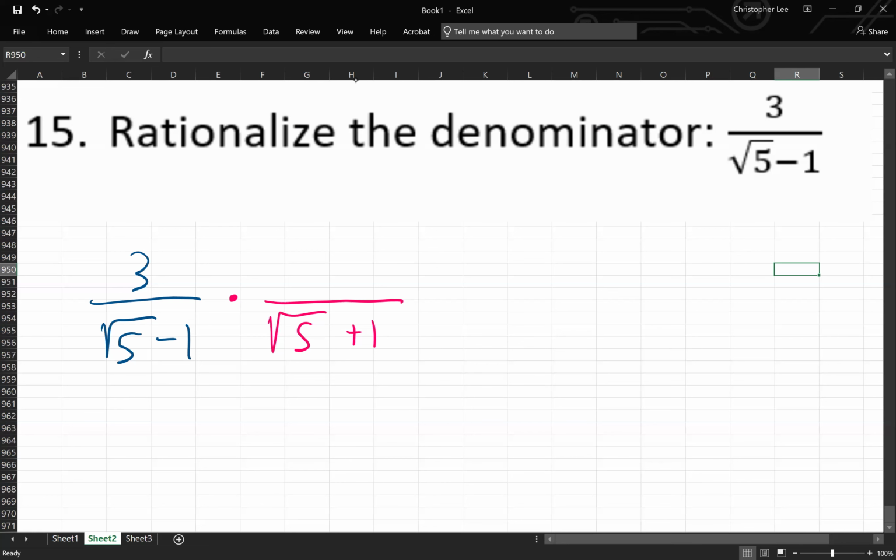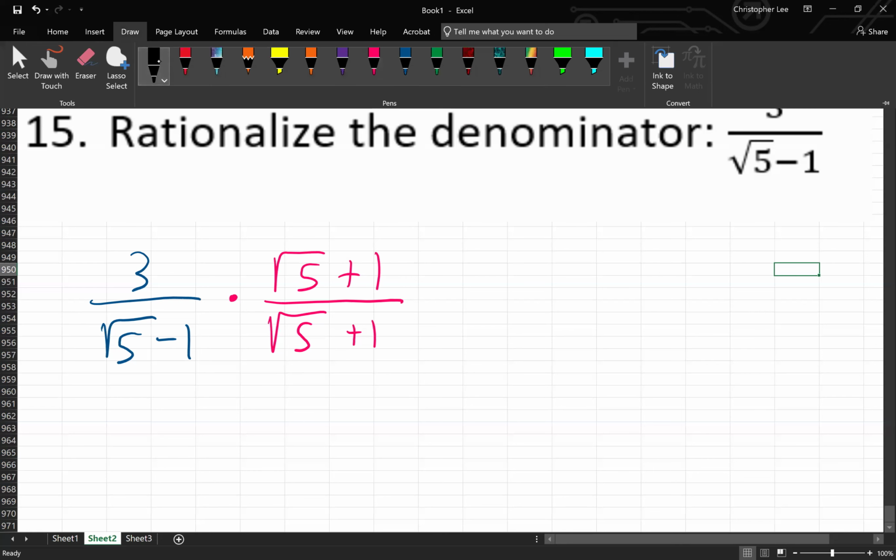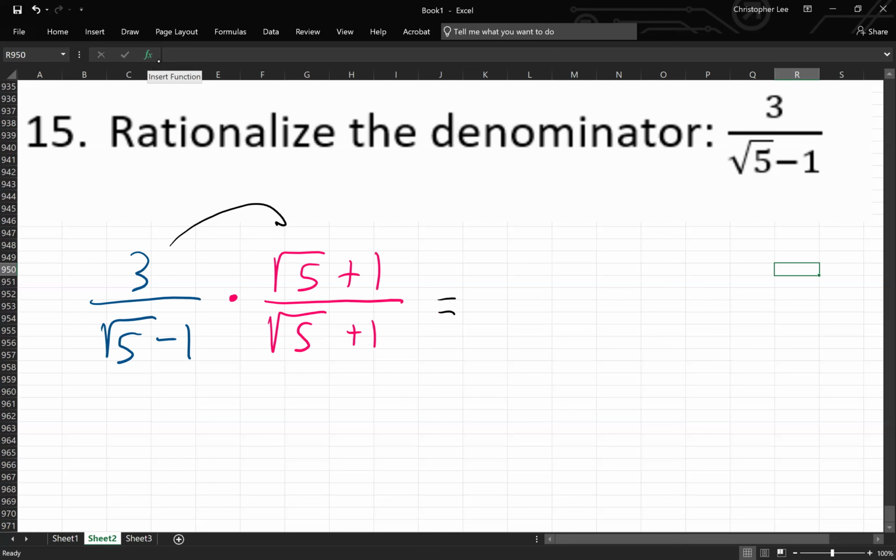Conjugate, right? So now what you do to the bottom, you gotta do to the top, right? And that's it. That's the whole problem. What's the answer? All right, so this is gonna be 3 plus 3 all over.